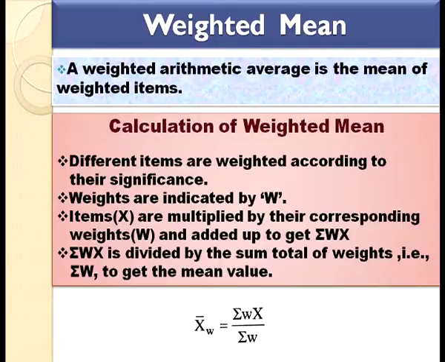Very first, weights are indicated by W. Then the items are multiplied by their corresponding weights W. So, we get Wx and then we add up to get the summation of Wx. After this, we divide this summation of Wx by the sum of the weights. So, we get the formula: weighted mean is equal to sum of Wx divided by sum of W.